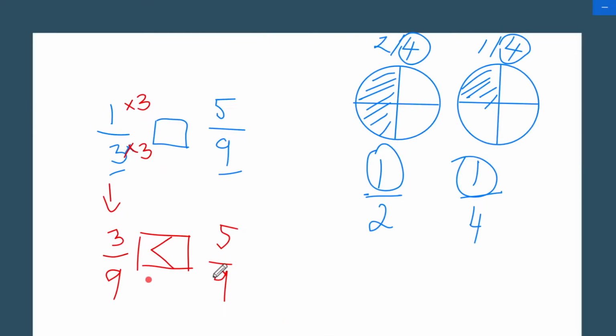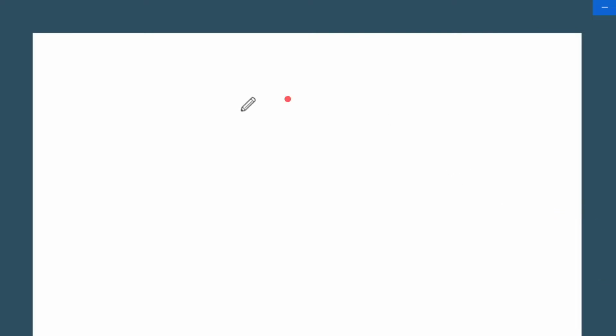That's how you compare fractions. And if you want to order fractions, you have to do the same thing. Okay, so I just saw that we have a similar thing here.